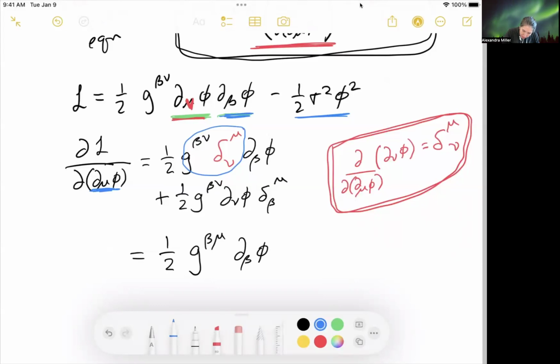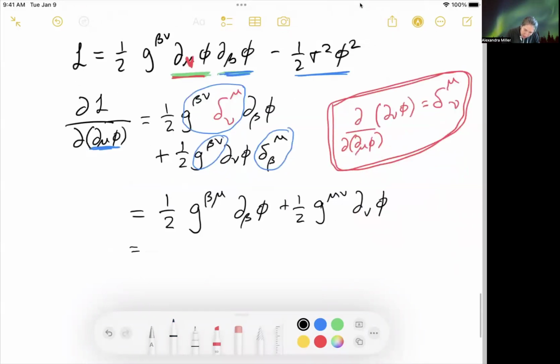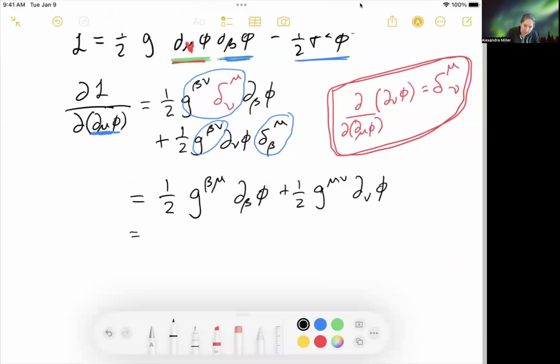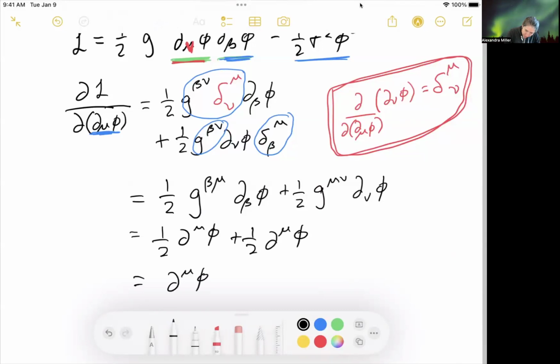And I'm going to do the same thing on my second term, where I have a Kronecker delta, and I'm going to combine it with my G. So now I have plus 1/2 G mu nu d nu phi. And then I use my G to raise my indices on both of these terms. And then I notice both my terms are the same. So this is just d mu phi. Yay.